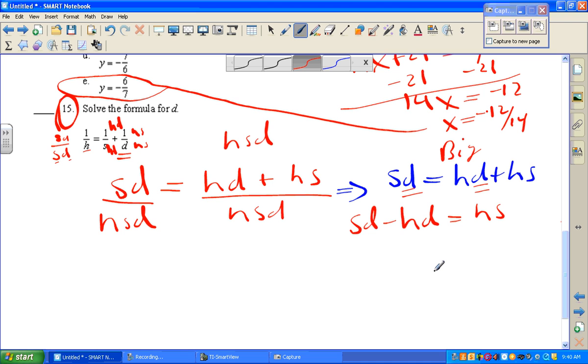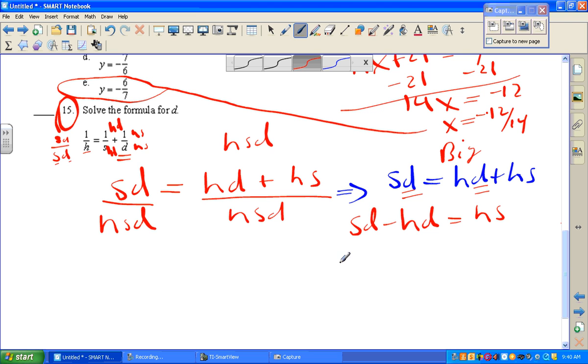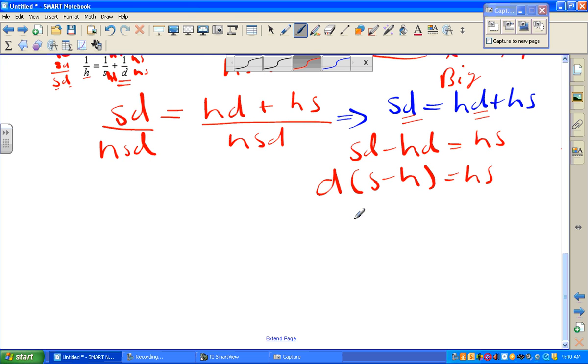Now, how do you get the D by itself? Divide by S and H? Nope. Negative HS? Nope. Oh my God. Nope. Factor. D times S minus H equals HS, and then divide it.